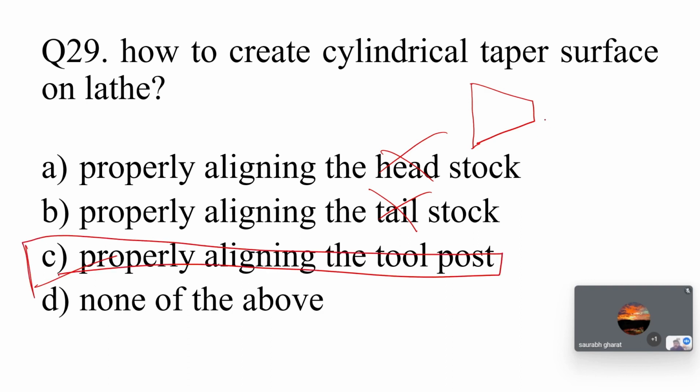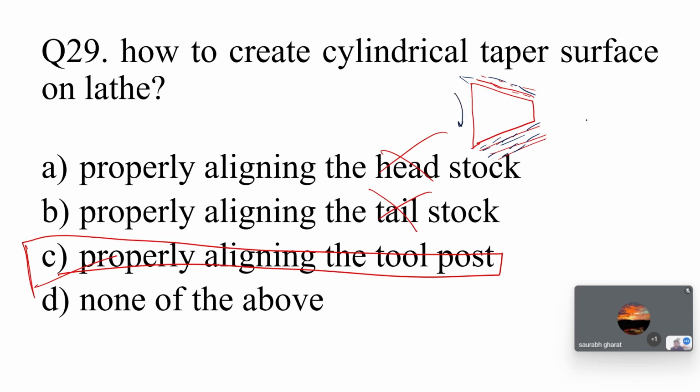How can you do that? By properly placing the tool post. So your material will be removed in this part, in this fashion, not this. This is how the material will be removed if you align your tool post correctly, because it is anyhow in rotation.